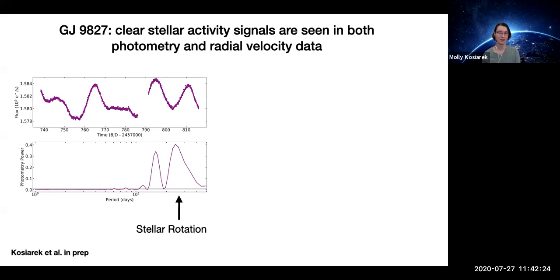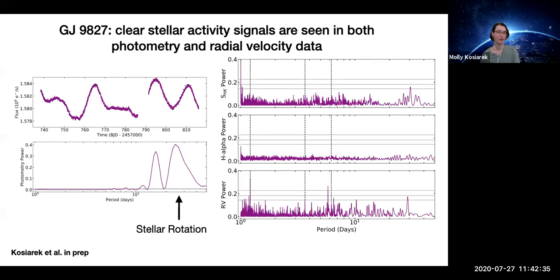So let's compare this with periodograms of 2 activity indicators. We're now using SHK and H alpha, along with the radial velocity data. So here I've marked the 3 planet periods, and there's also a peak in the SHK data and radial velocity data matching the rotation period of the star, just right there.